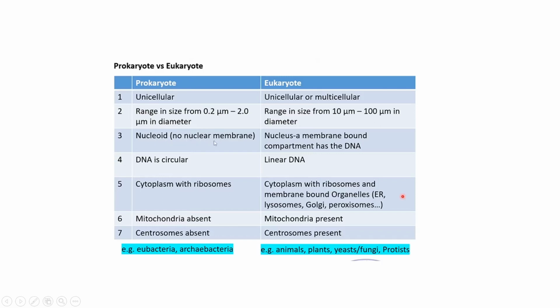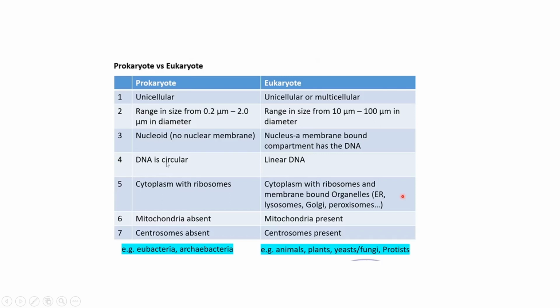So although nuclear material will be there, there will be no nuclear membrane. The nucleoid, as we'll be seeing, is an organelle which constitutes the synthesis and assembly of ribosomal RNA. Okay, so ribosomal RNA is produced and assembled in the nucleoid, but in prokaryotes the nucleoid is not present. And apart from that, in the prokaryote, DNA is circular.